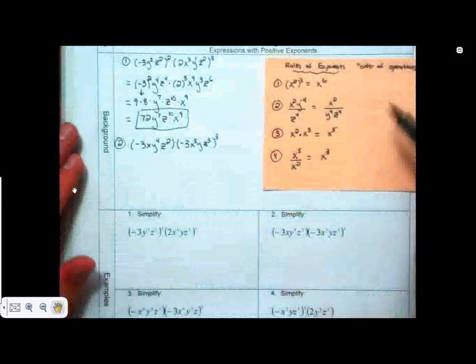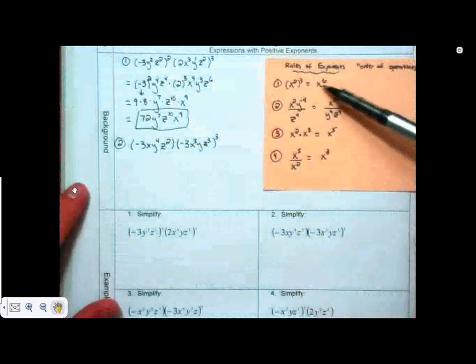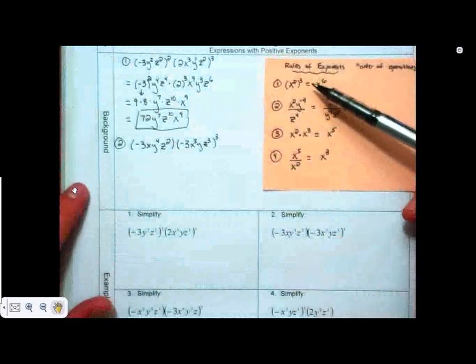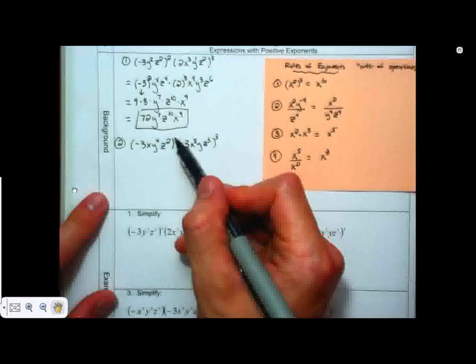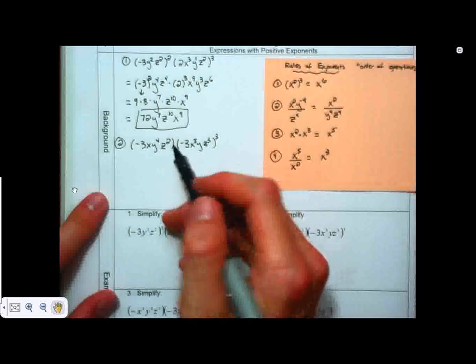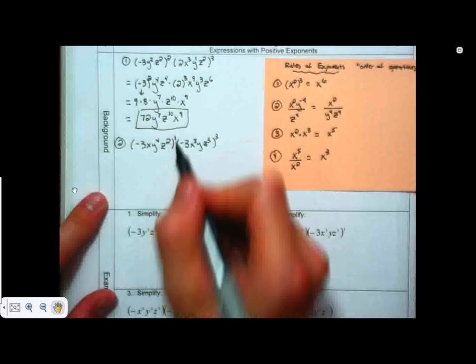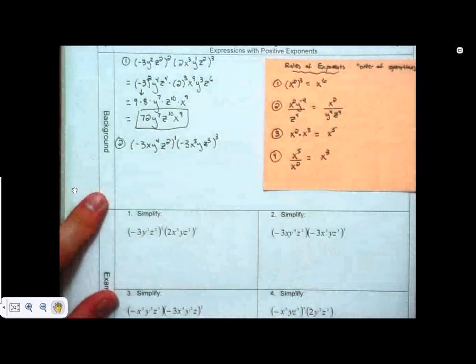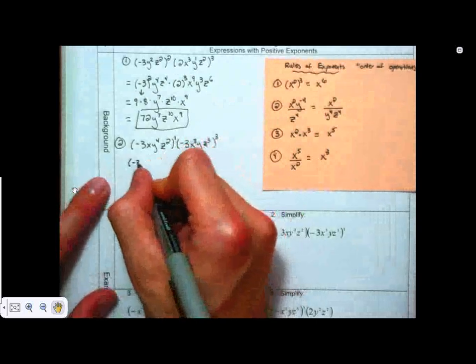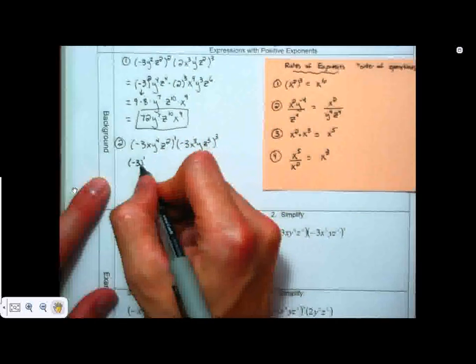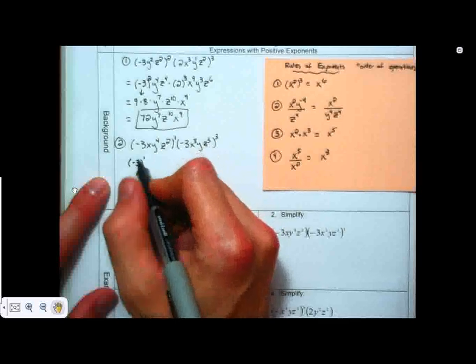Okay, so again, the first step in the process is to take care of any powers of powers. And you'll notice that this first one doesn't really have an exponent on the outside, so that means it's just a 1. So if I take care of my powers, I've got -3 to the first power. Remember, I take care of numbers or coefficients last.